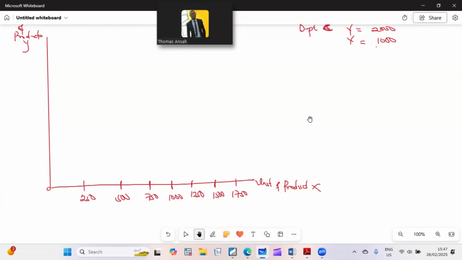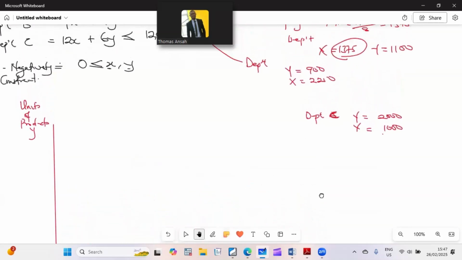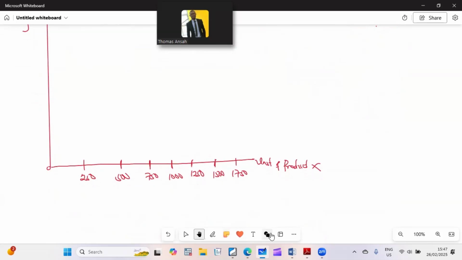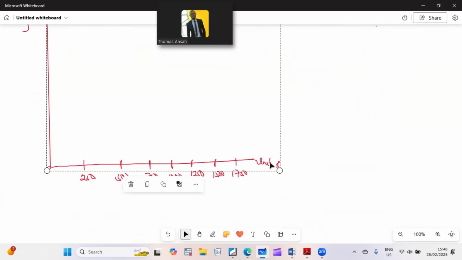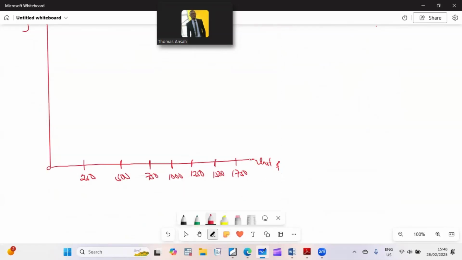Because what is the maximum of X there? 2,250. Then it means I need to draw a lot. Okay. So 2,000, then 2,250, then 2,500.